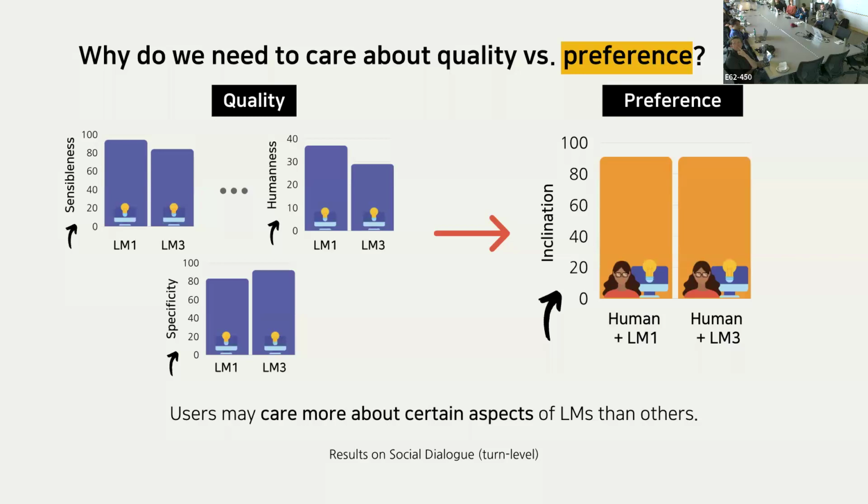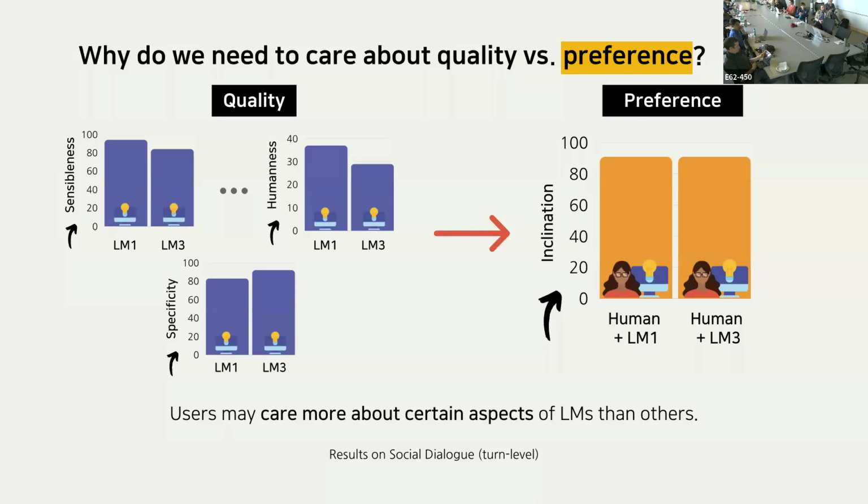What we see is that users may care more about certain aspects of language models than others. If you take all these metrics and average them, language model 1 outperforms language model 3 on basically all the metrics except specificity. But when you ask how inclined users are to interact with the model more in the future, it's pretty similar. So we hypothesize that user preference is more aligned with specificity as opposed to these many other quality metrics.